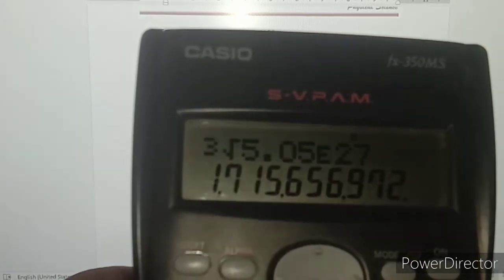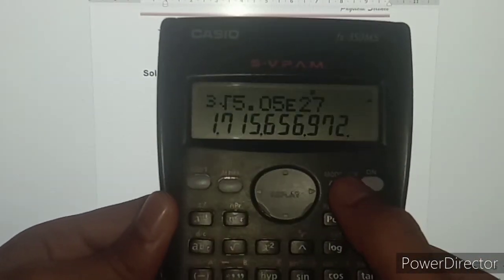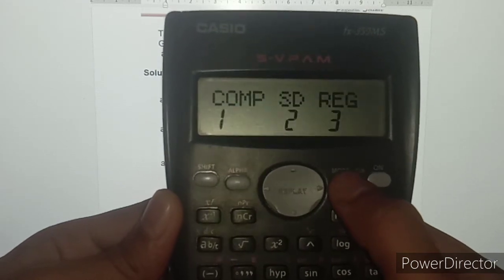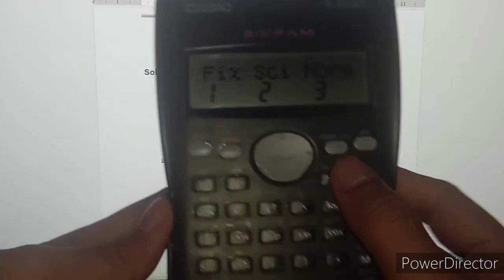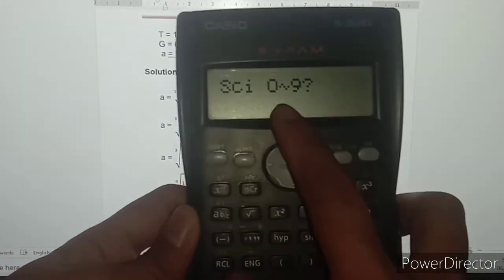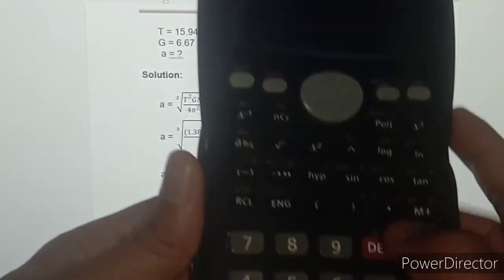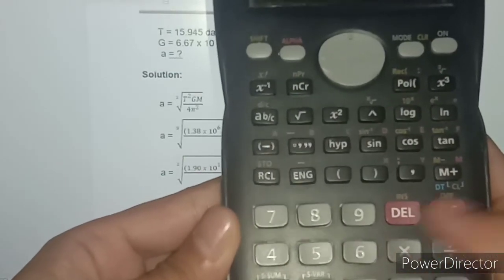So, it is 1,715,656,972. And in order to change this in scientific notation form or an exponential form, we need to click mode until you reach the SCI. Alright? And then, click 2. Ayan, so malabas yan. So, since we need to get 2 decimal values, i-click natin yung 3. Okay?